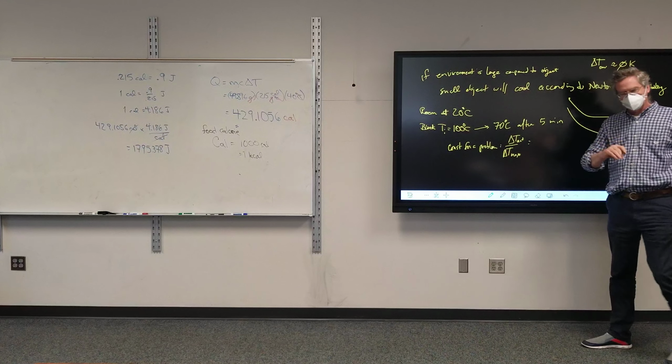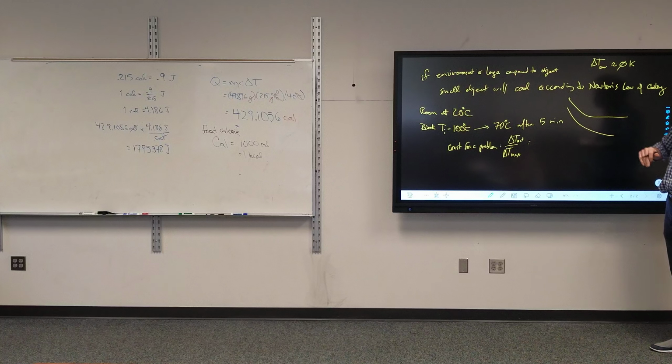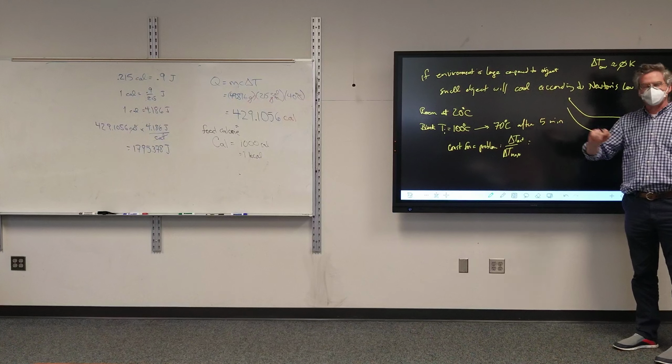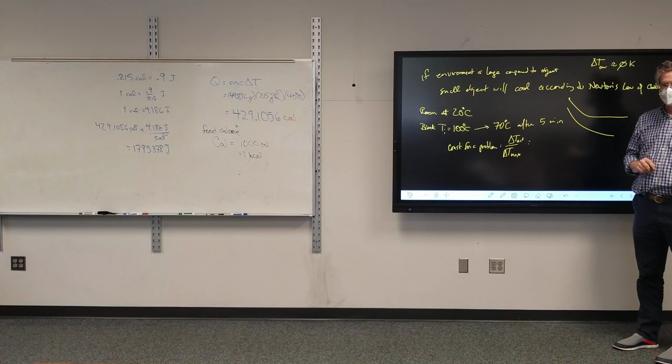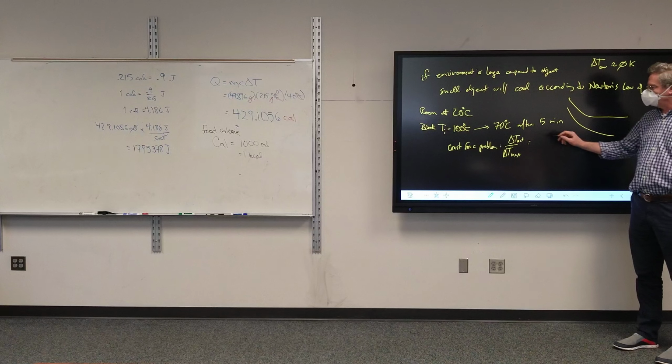That fraction is going to be constant for the rest of this cooling for every 5 minutes. So, first off, how much did it actually change in that 5 minutes? Minus 30? Yeah. So negative 30 degrees Celsius.